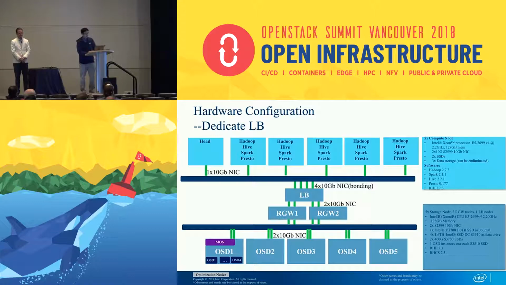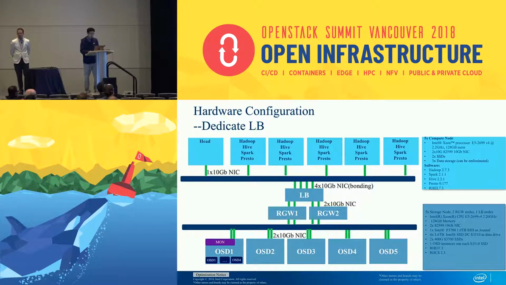In the storage tier, we have 5 Ceph nodes, each with 1 P3700 as the journal device, and 4 S3510 SATA SSDs as the data devices.